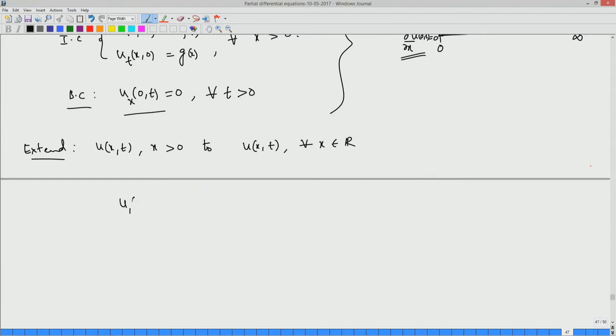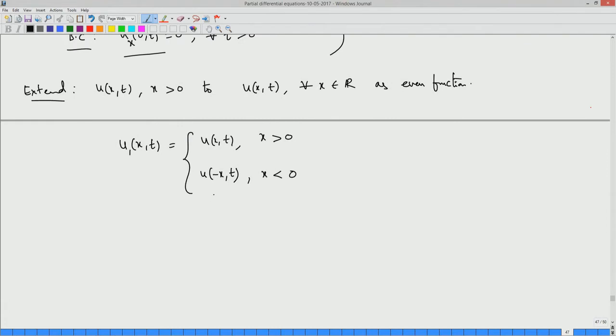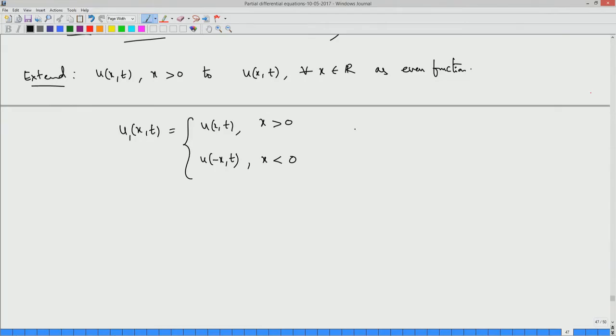You call this extended function u1 of x t, that is u of x t if x is positive, and I extend it as an even function. If you do it as an even function, u1 of minus x t is u of x t for the positive side, that is how it is defined. x positive I know, so if you write u of minus x t, x should be negative. Knowing u on the positive side, I defined the new function u1 for every x. If you do this, you can clearly see that you want this to be a continuous function.